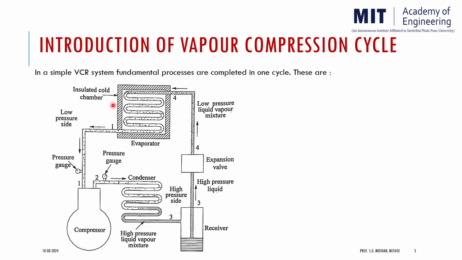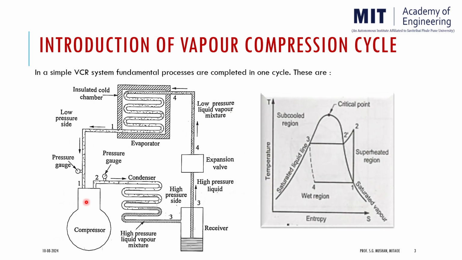And when heat absorption takes place, the cooling effect in that particular region is achieved. Okay. So after complete heat absorption, again that low pressure, low temperature refrigerant will return back to the compression process. So this is the cyclic process of vapor compression refrigeration system.